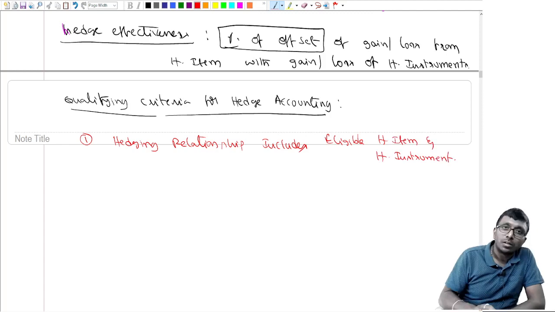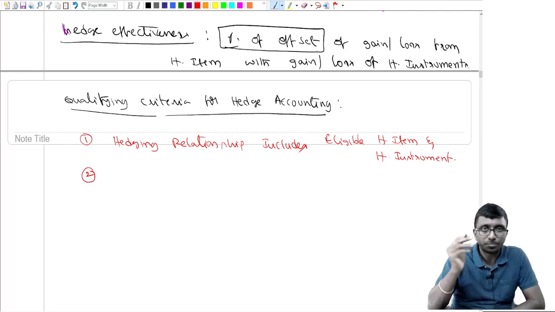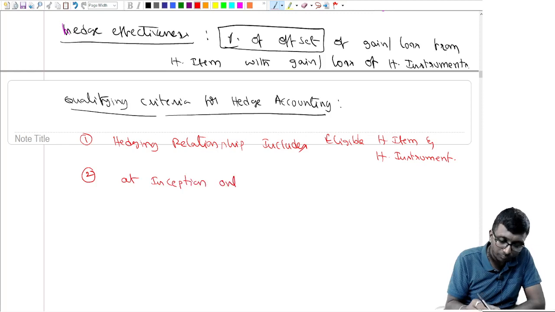Next, the second one: at the inception, when you are establishing the relationship, you are supposed to have formal documentation at inception only. What is inception?